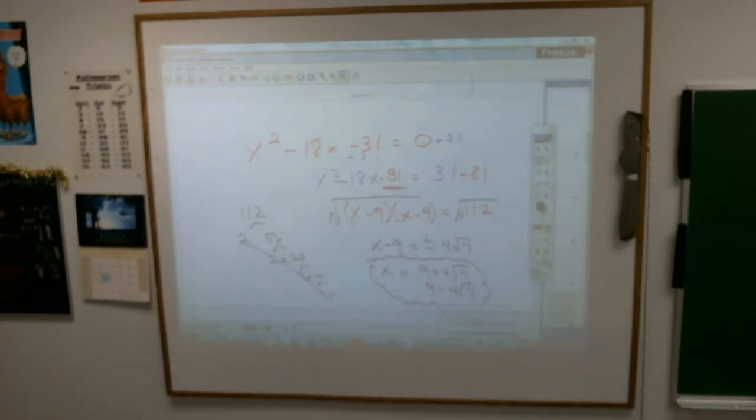Who's up front? Gary. Go. What number? 17. Smith? 14. Michael? 22.